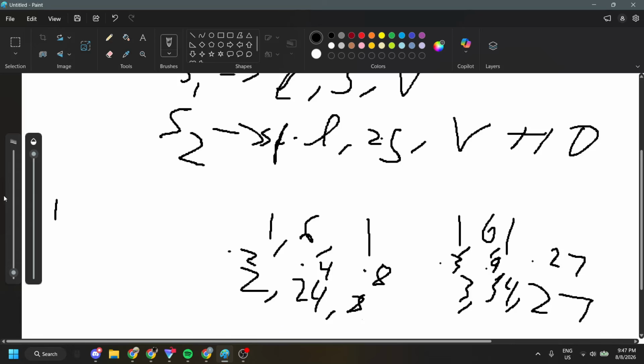Shoot. 4/3 pi r squared, I think. So this would just be 4/3 pi. And then this would be pi r cubed, so this is just pi.